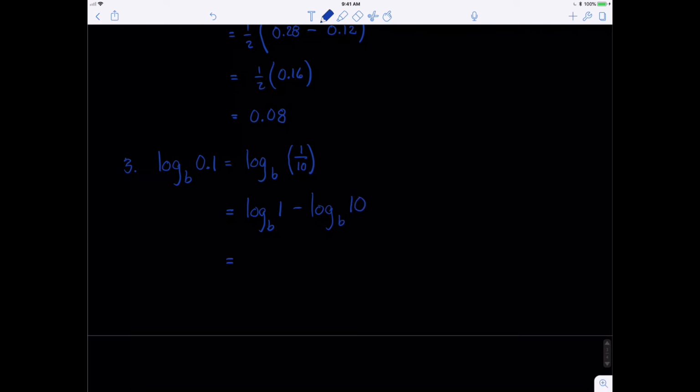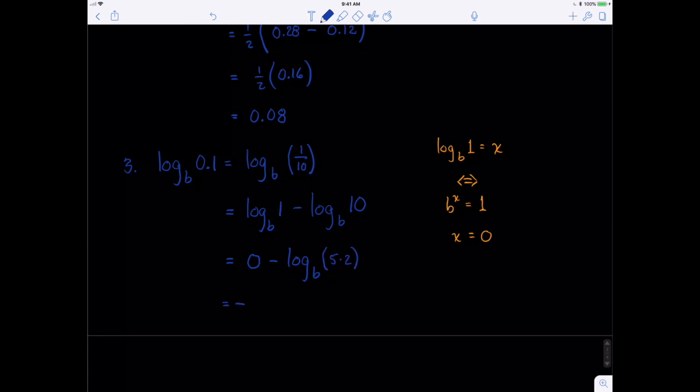Now the first one, notice this. I'm going to do a little scratch work, so let's do scratch work in orange today. If I have the log base b of 1 equals x, remember that this means b raised to the x has to be 1. The only time that works is if x is 0. So when we come back, this first term is 0, minus the log of 10 base b, but 10 we're going to think of as 5 times 2.